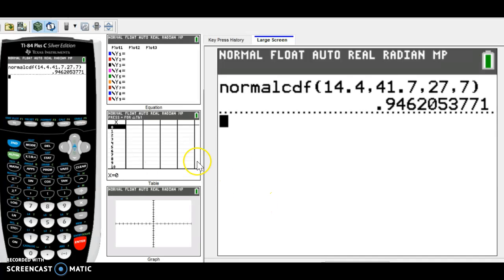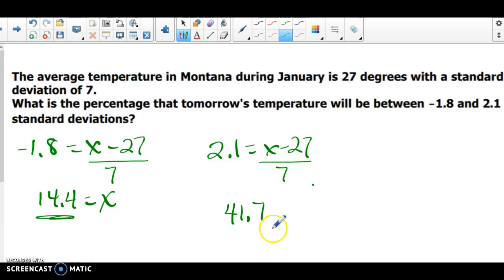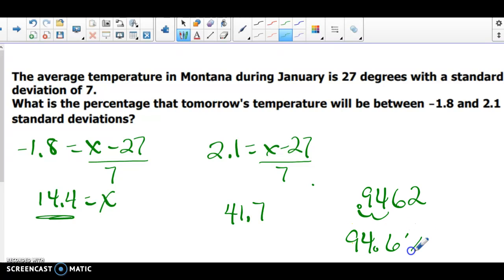So the average temperature, if we look at this one, 0.9462. If I make it into a percent, move my decimal 2 places, 94.6% for tomorrow's temperature between negative 1.8 and 2.1 standard deviations.